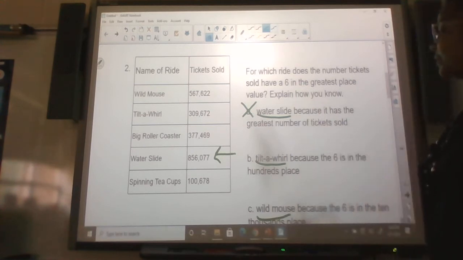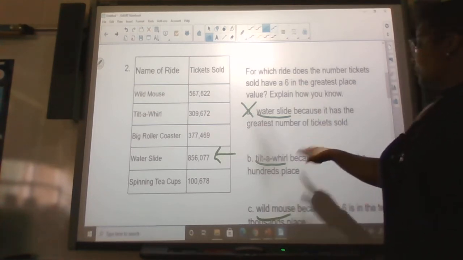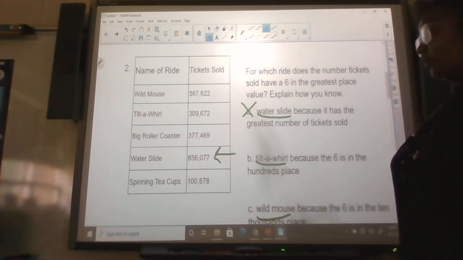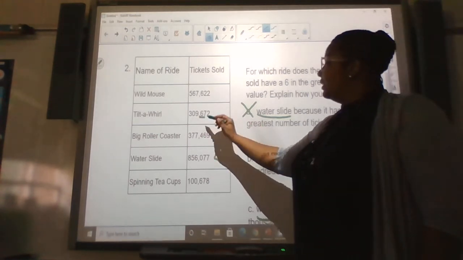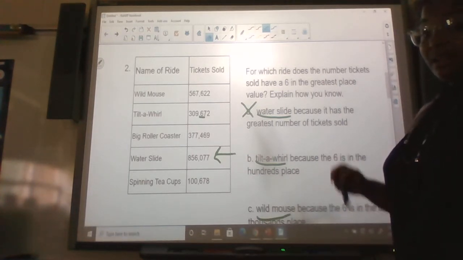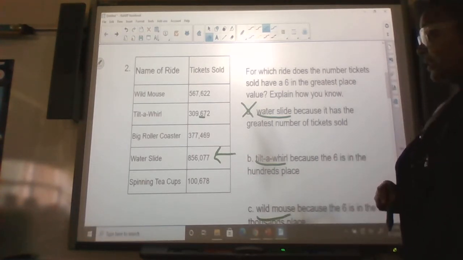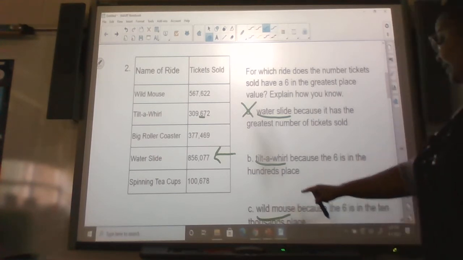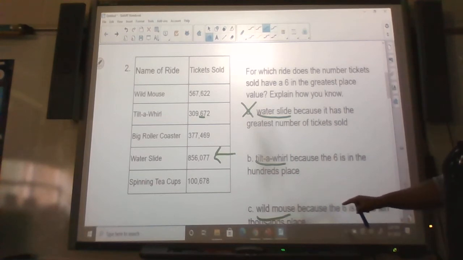That's not my answer. B, tilt-a-whirl, because the 6 is in the hundreds place. Well, if I look, that 6 is in the hundreds place, but I need to check the other one because it may be greater. If I look at wild mouse, it says C, wild mouse, because the 6 is in the 10,000s place.